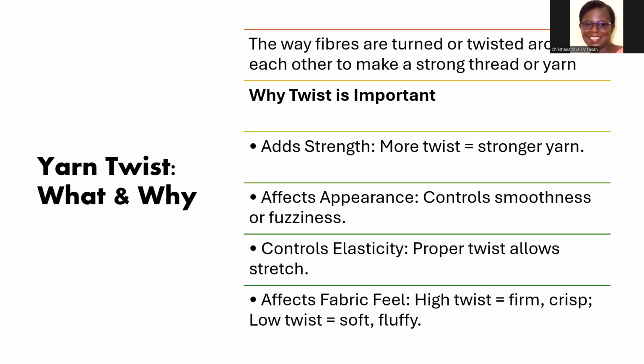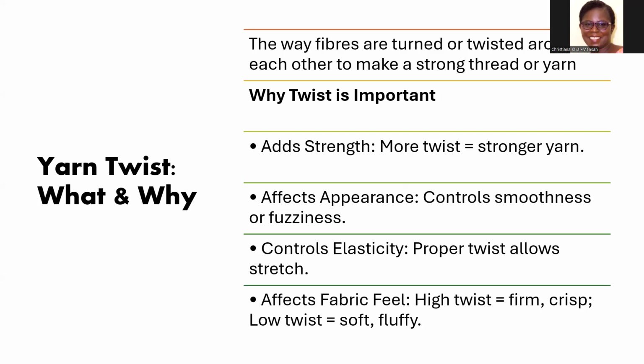So is this twist important? Why the twist? The twist adds strength: more twist, stronger yarn. It affects the appearance of the fabric or the yarn. It controls the smoothness or the fuzziness of the garment and controls the elasticity, depending upon the amount of twist.